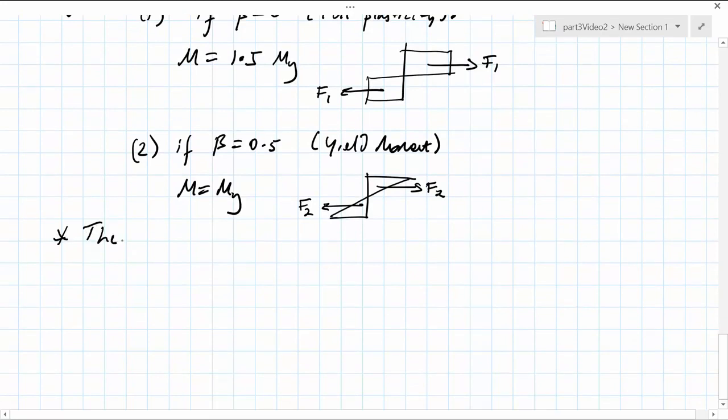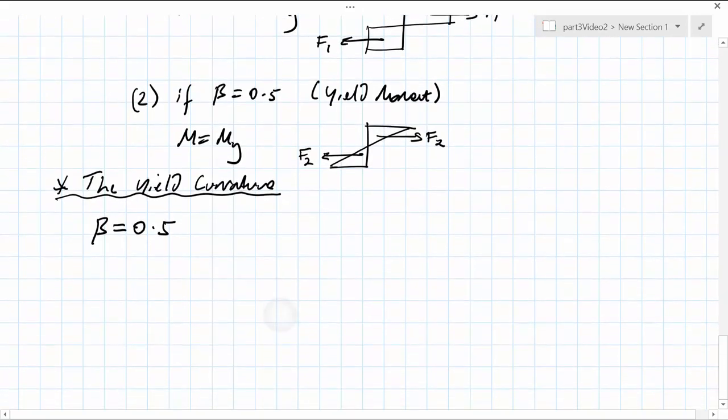The yield curvature is the curvature at which yielding first occurs, and this is where beta is equal to 0.5. Remembering then that Fy can be written as E times by kappa times by beta times by d.